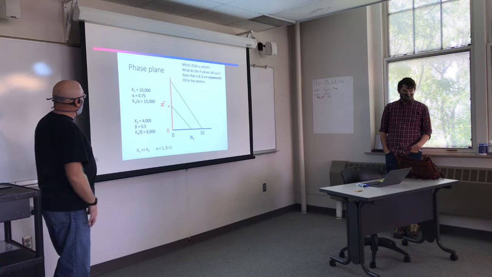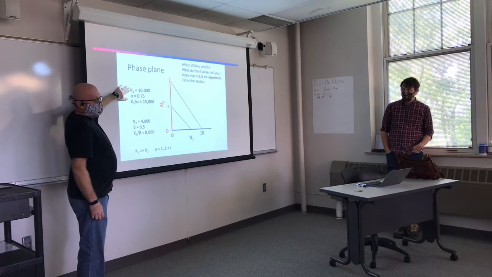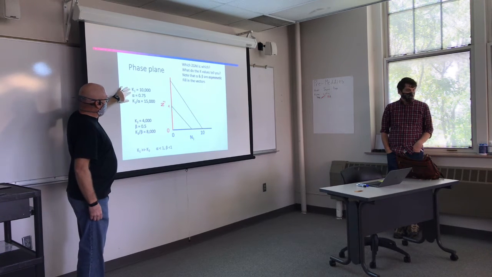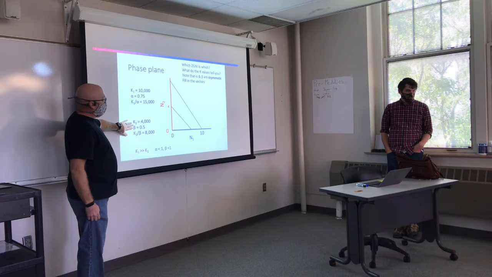To what degree does species 2 limit species 1's growth relative to the degree to which species 1 limits species 2's growth? 0.75 versus 0.5.